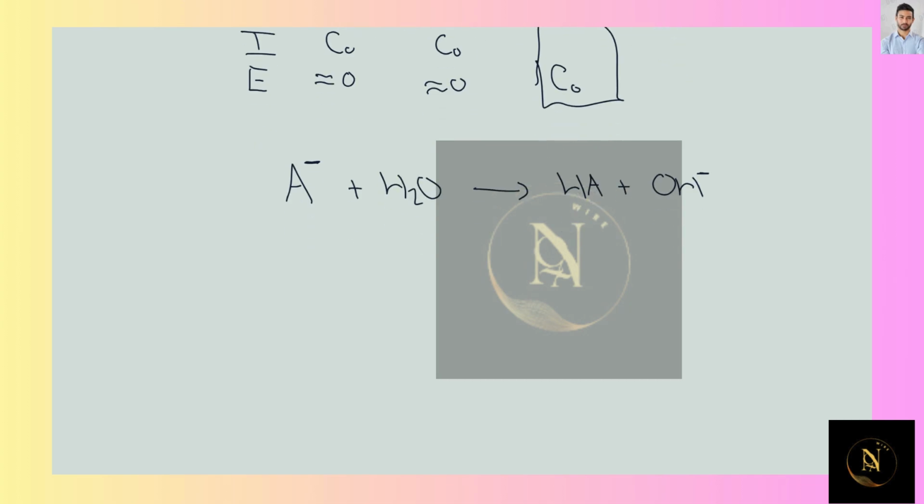And if we look at the ICE table for this, what we're going to get is C0. A certain amount, minus X, is going to dissociate in water, so it's going to react with the water. So plus X. And at equilibrium, we're going to get C0 minus X, and X.